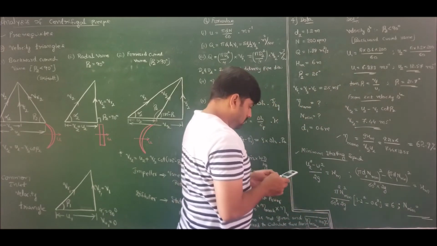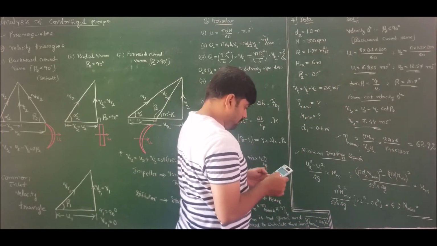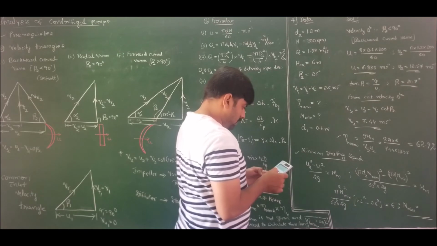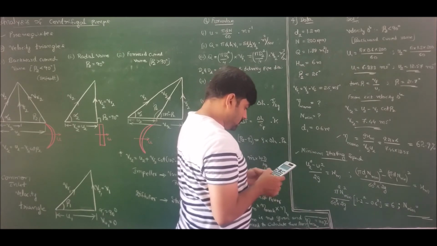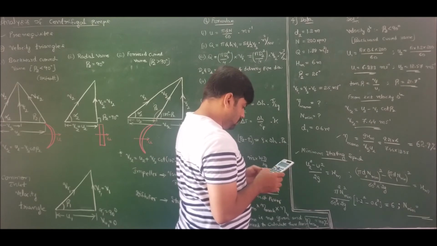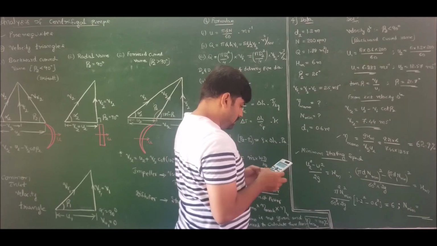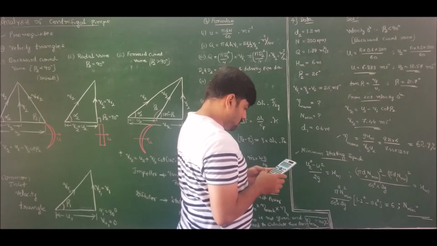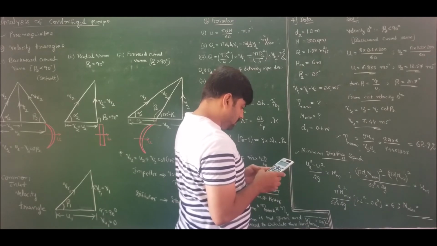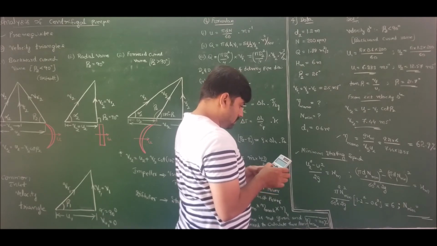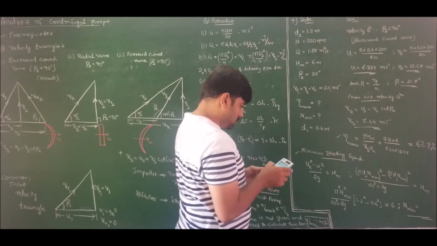If I solve, I will get the answer as pi square N square divided by 60 square into 2 into 9.81, into (1.2 square minus 0.6 square), which is equal to 6.